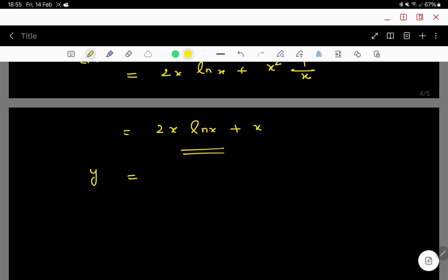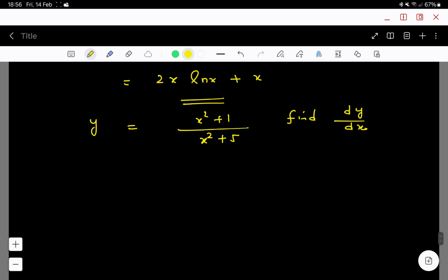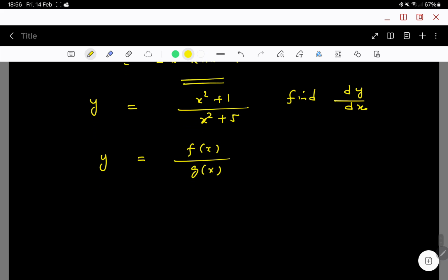Then next problem, y is equal to x square plus 1 divided by x square plus 5, find dy by dx. Here both the functions are in fractions. F of x is x square plus 1 and g of x is x square plus 5. We apply quotient rule. So y equal to f of x by g of x.